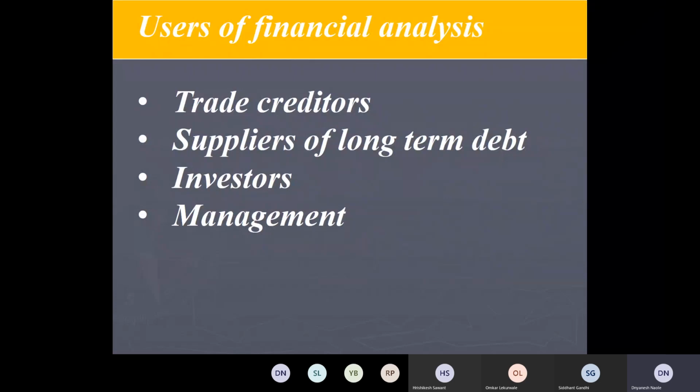Then the last category of users of financial analysis is management. So management is going to look into each and every aspect, whatever trade creditors, suppliers of long-term debt or investors are interested in. So all the different kinds of ratios are of interest to management, because the purpose of management is to manage the firm very efficiently and increase its profitability.